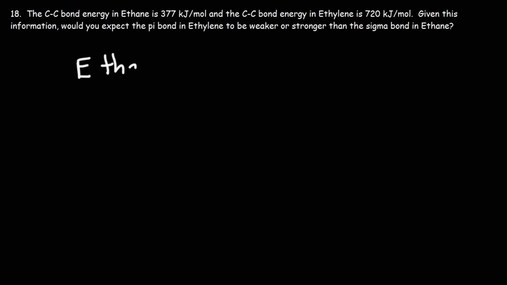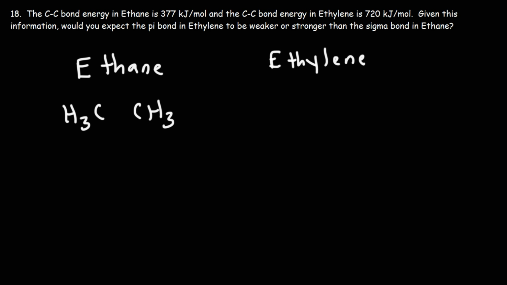So here we have ethane, and here we have ethylene. So this is the structure of ethane. We only have a single bond. And this is the structure for ethylene.